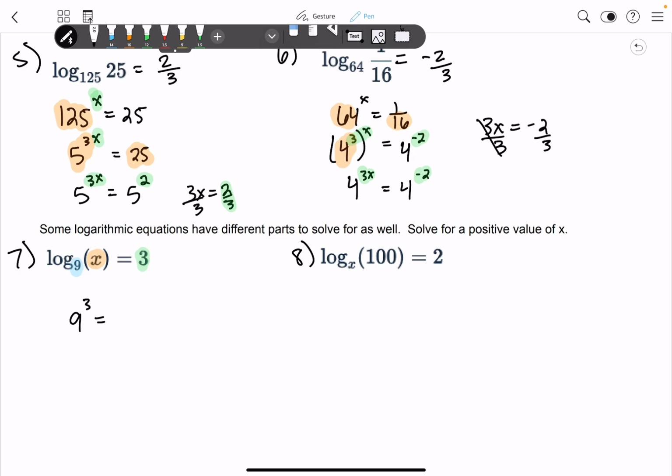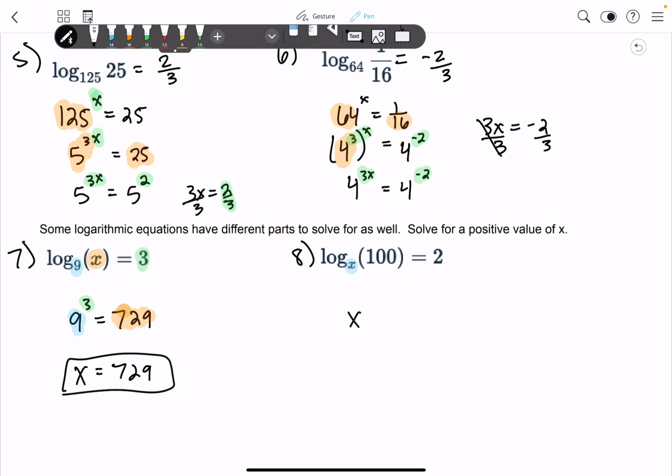Is that right? 9 times 9 times 9. Yep. So, base, exponent, what we're taking the log of. So x equals 729.